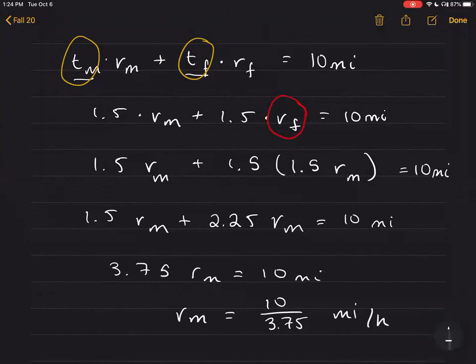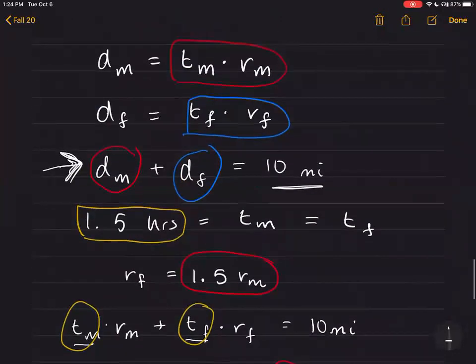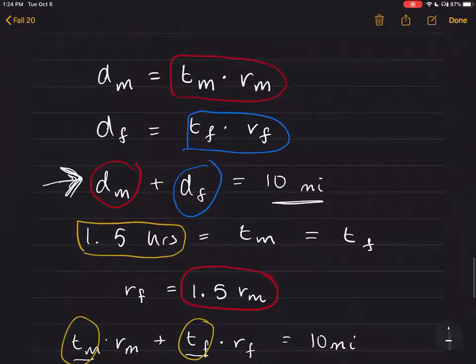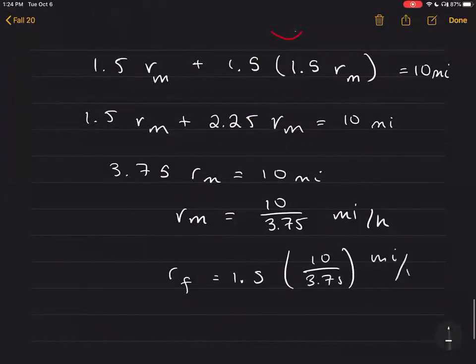And for word problems like this, I'm not going to bother simplifying that. So I know that my rate is whatever that number is. And then my friend's rate is going to be 1.5 times that from up here. So RF is 1.5 times 10 over 3.75 miles per hour.